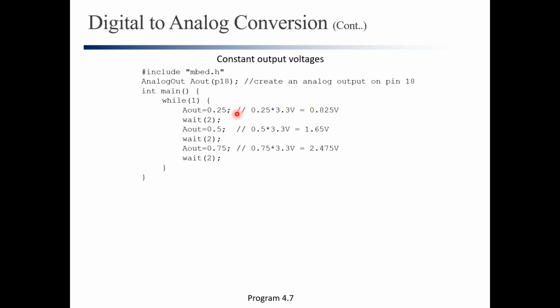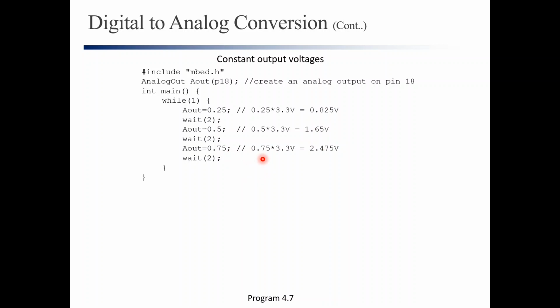So in your program you need to assign Aout, which is your AnalogOut name, with 0.25, so the output will be 0.825 volt. And if you want to output 1.65 volt, you need to assign Aout with 0.5. This means 0.5 will be multiplied by 3.3 volt, and you will have 1.65 volt.